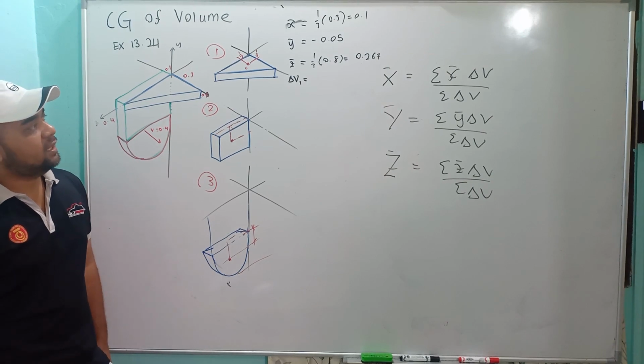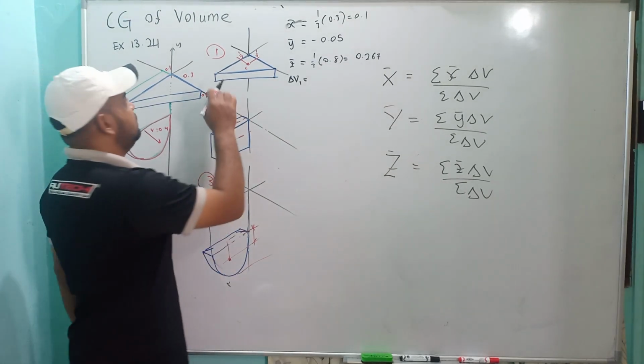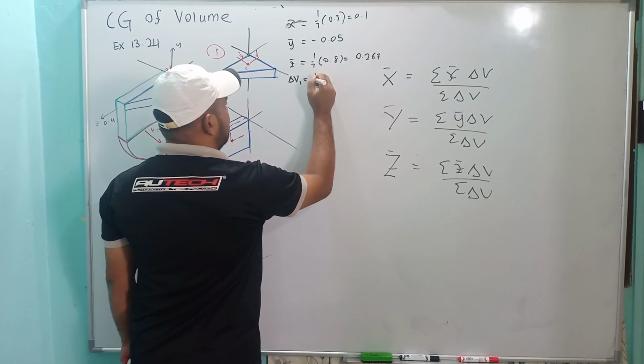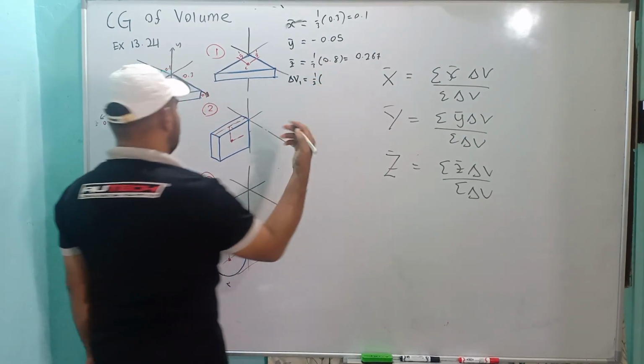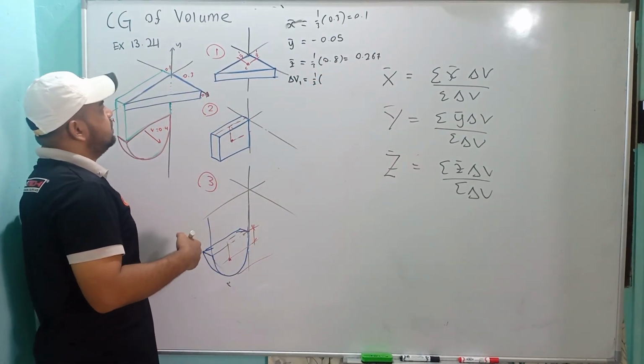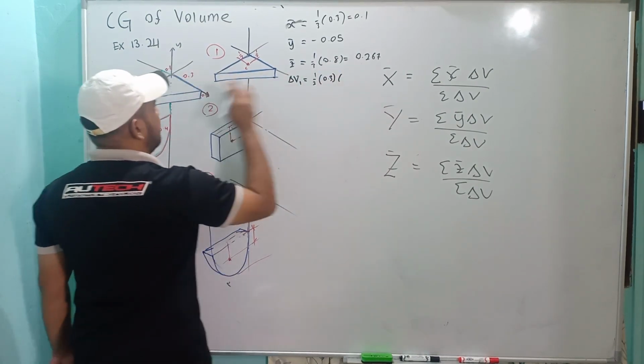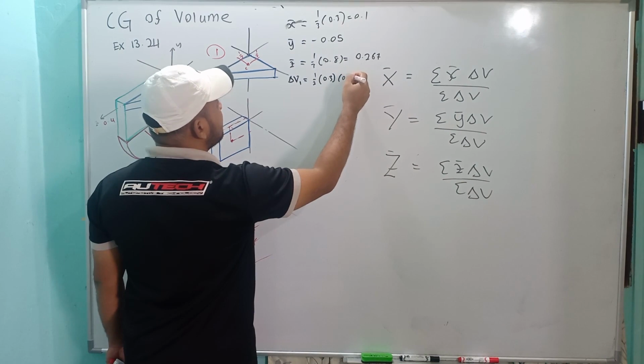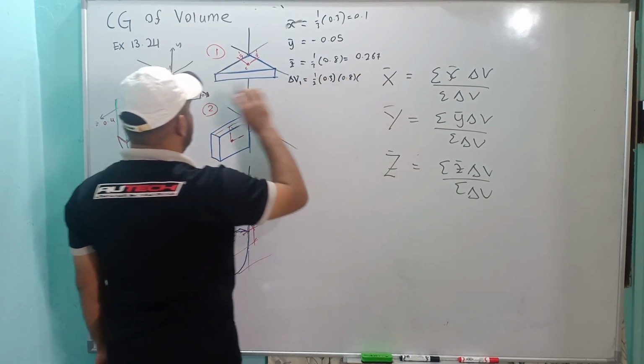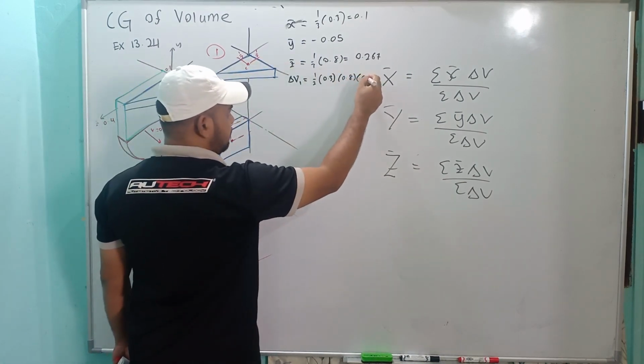Then we want to calculate delta V1. This is half, because it is a triangle, times 0.3 times the length 0.8, and the thickness is 0.1.